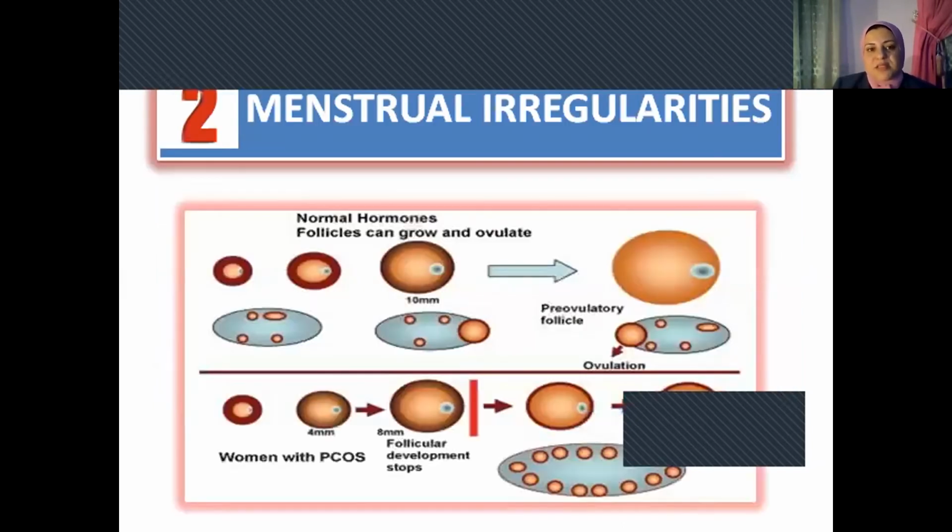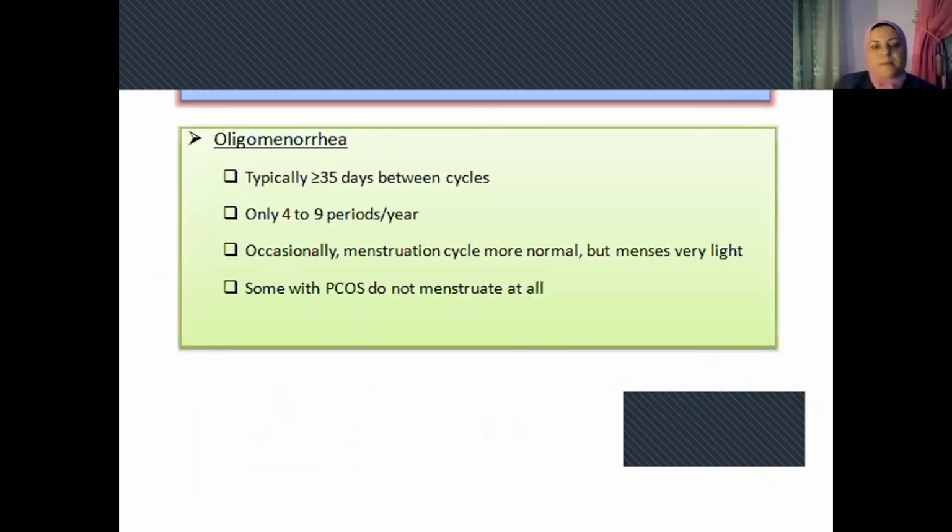Menstrual irregularity is common in patients with PCO. This is the picture of normal hormones: follicles can grow and ovulate, but in women with PCO there is no ovulation, so the follicles accumulate in the ovary. The patient will suffer from oligomenorrhea, typically more than 35 days between cycles, only 4 to 9 periods per year.